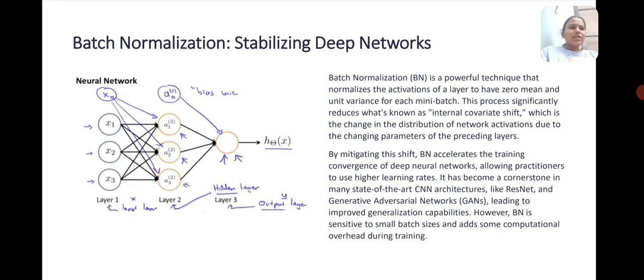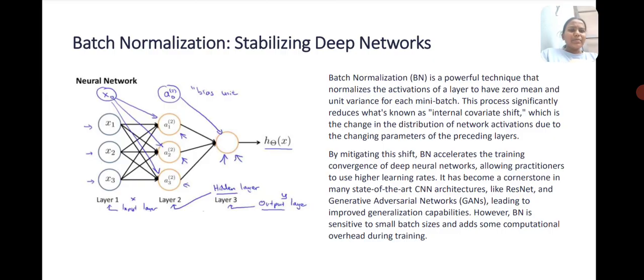Batch normalization is a powerful technique that normalizes the activations of a layer to have zero mean and unit variance for each mini batch. This process significantly reduces what's known as internal covariate shift, which is the change in the distribution of network activations due to the changing parameters of the preceding layers.